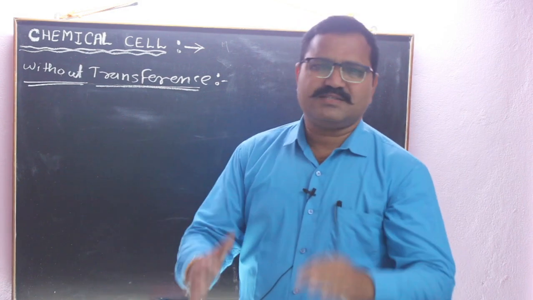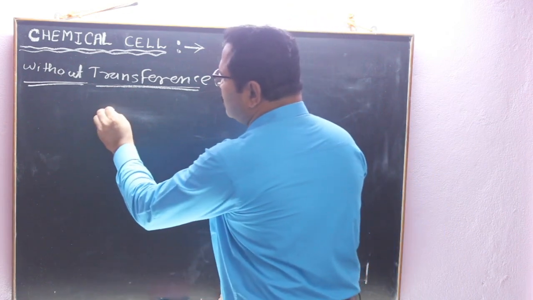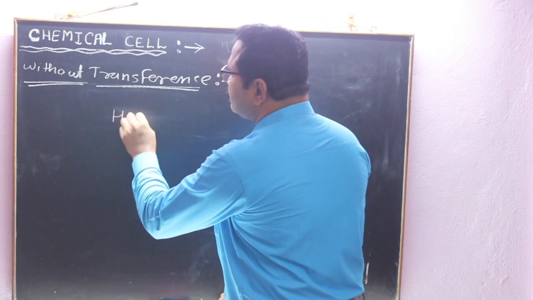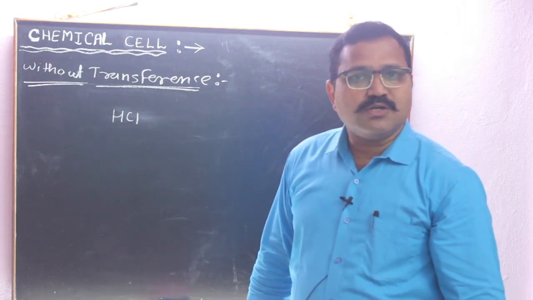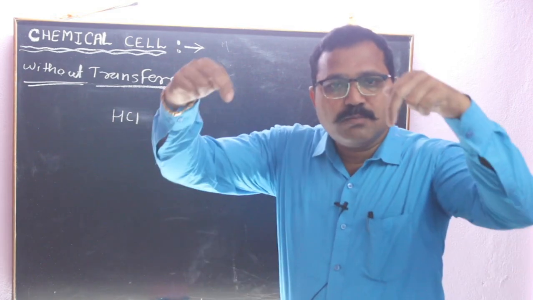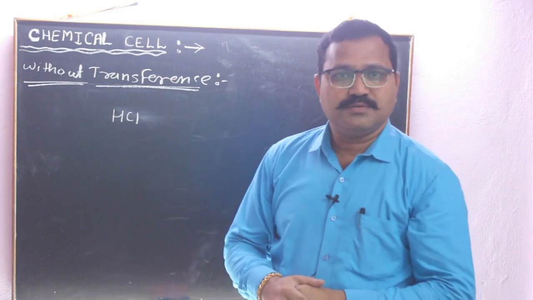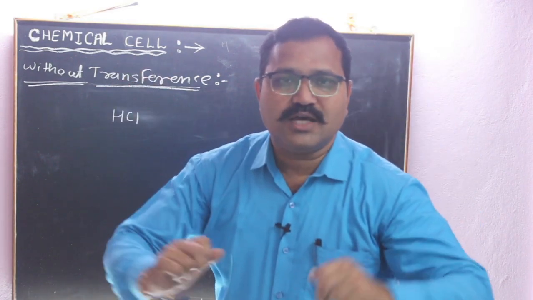For simple examples, if we consider an electrolyte solution of HCl, in that HCl solution both the electrodes are dipped. In the same electrolyte solution, both the electrodes are dipped.